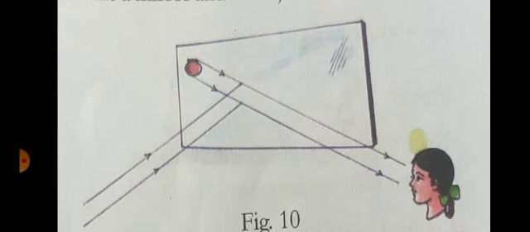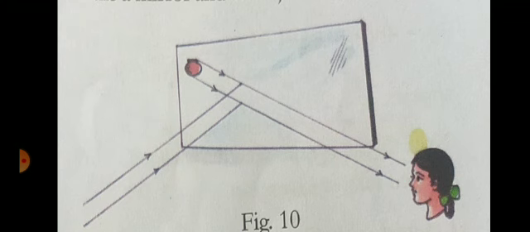With the help of your mirror, the object is reflecting its image into the mirror, and those reflected rays are reaching your eyes and you are able to see the object through the mirror.